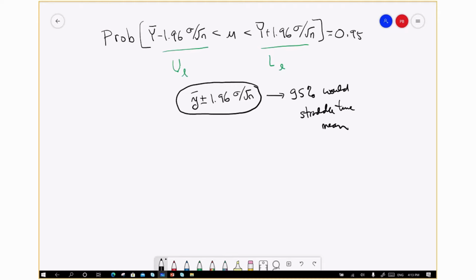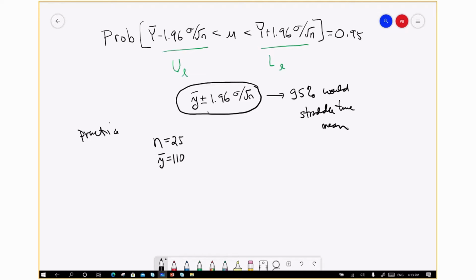Okay, so now we're moving on to the next section, which I've titled the practice. Let's say we go to our high school and we're thinking about IQ, and we take a sample size of 25 and we calculate Y bar equal to 110.